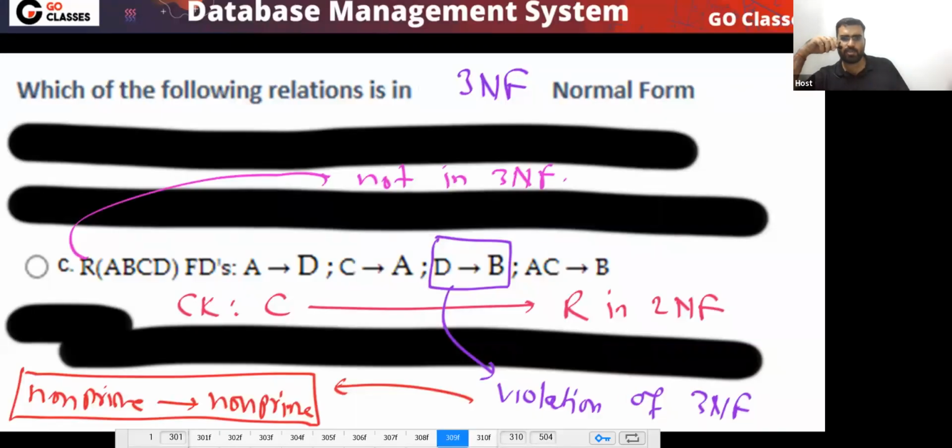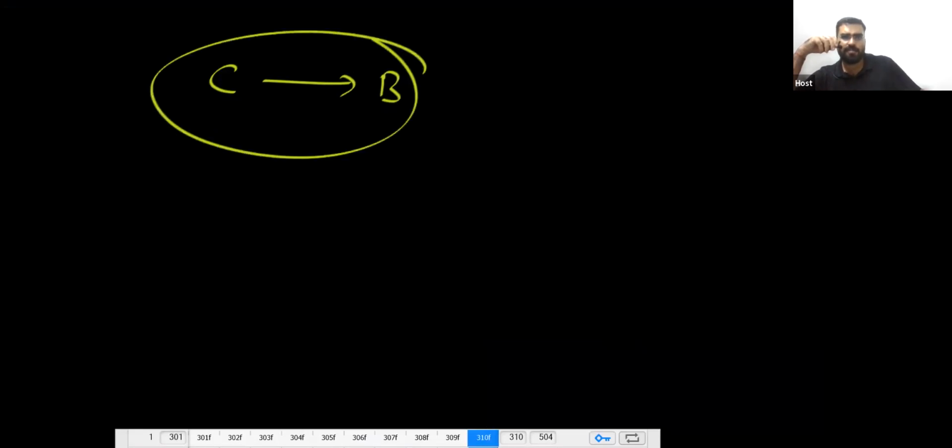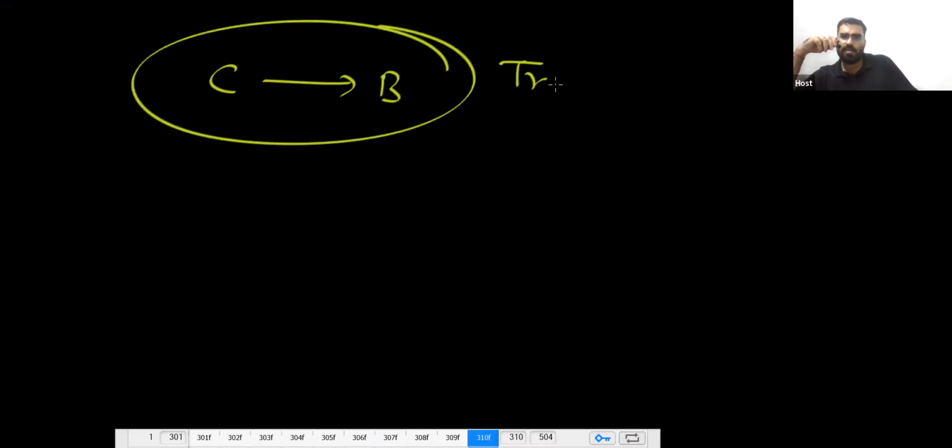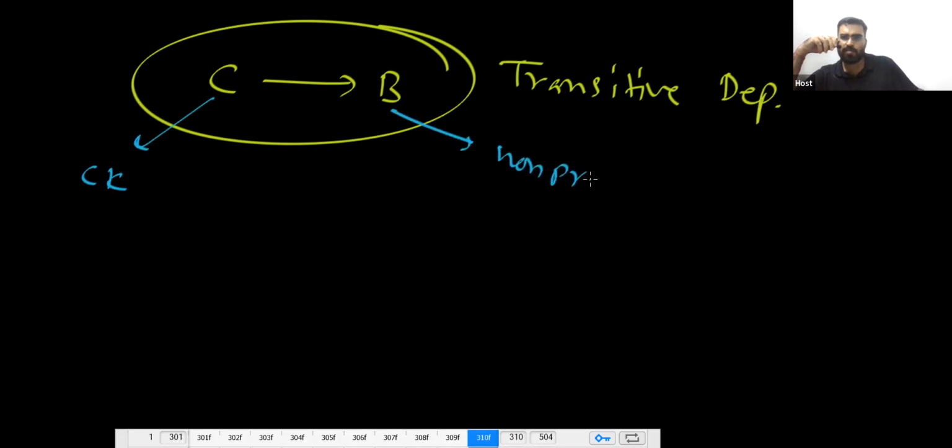For example, I can say C determining B. This is transitive dependency. Agree or not? Here this is the candidate key, this is the non-prime attribute. So this is picture perfect.